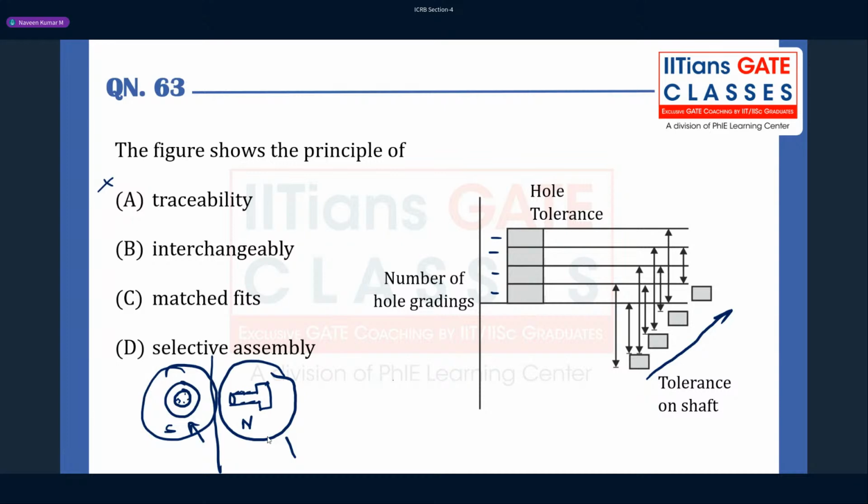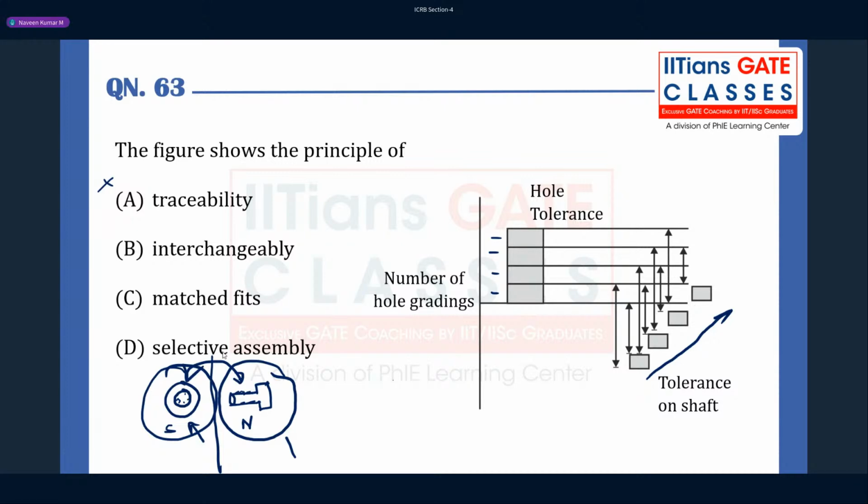Randomly you pick any screw, randomly you pick any nut, and if you fit them, and they fit properly, any number of times, with any screws and any nuts, then the components that are produced in different batches, different places, also fit properly. That is called interchangeability.